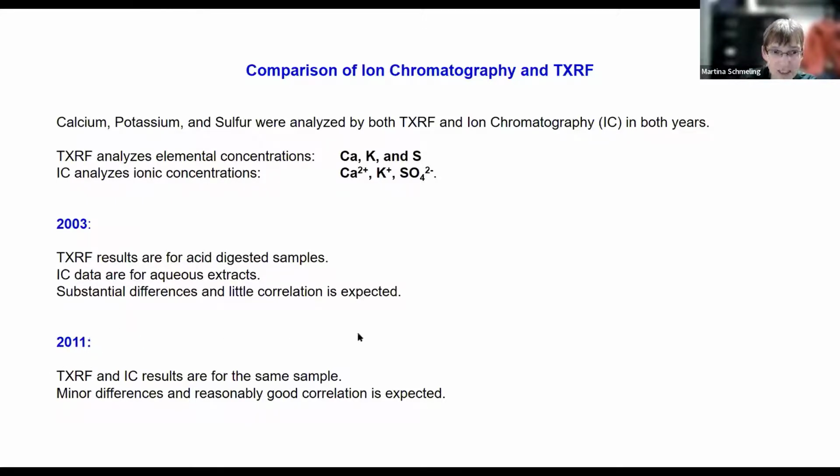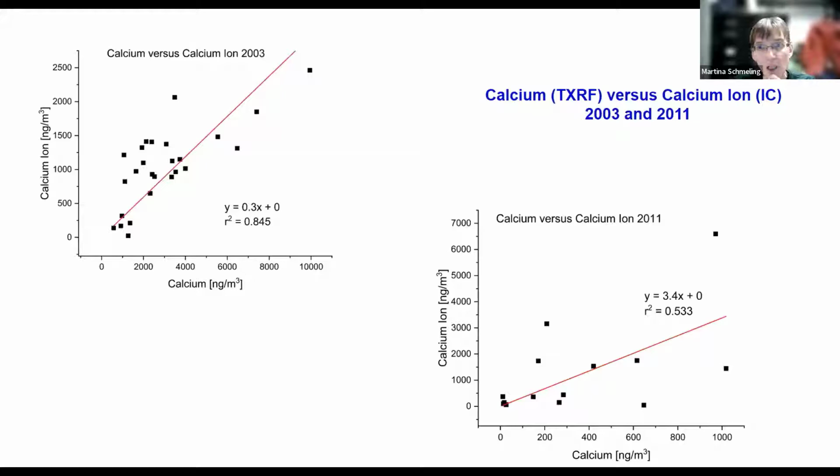For 2011, it's actually easier because the results were exactly from the same sample, and we would expect that there is a clear correlation. So these are the data for calcium in 2003 and 2011. We graphed the calcium ion on the y-axis, the calcium element on the x-axis.